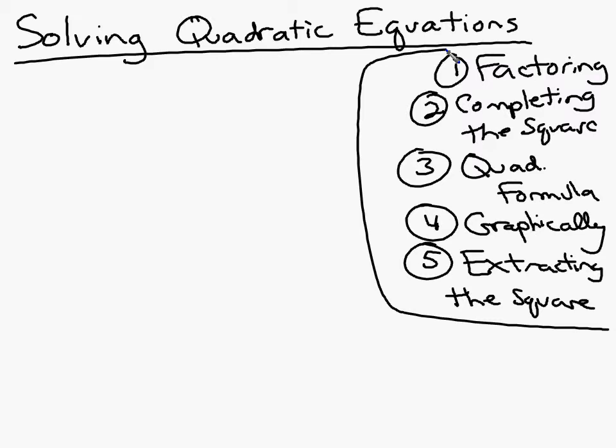to solve quadratic equations. And when we talk about a quadratic equation, we're talking about one that's in this form: ax squared plus bx plus c, and for us to solve it, it has to be equal to 0.